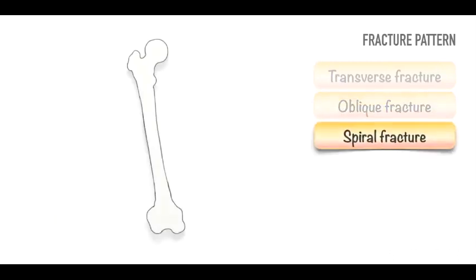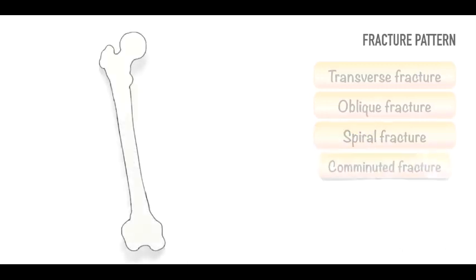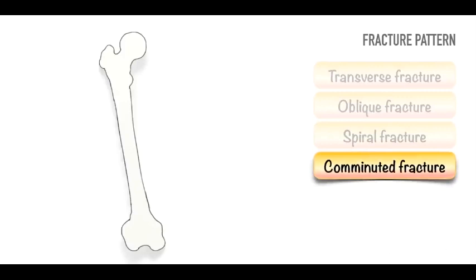3. Spiral fracture. In this fracture, the fracture runs spirally in more than one plane. Such a fracture is caused primarily by twisting force. 4. Comminuted fracture. This is a fracture with multiple fragments.